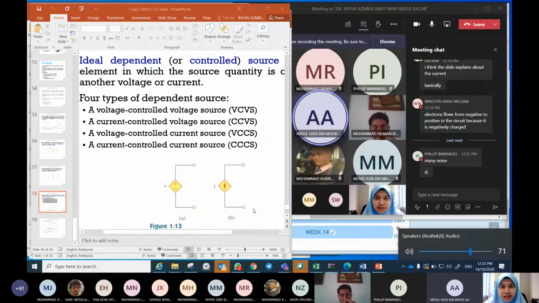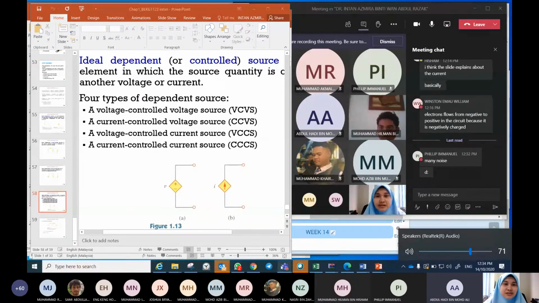The left one is the voltage source, I think, and the right one is the current source. Okay, so B, right? So type number 4 is a current source like this, and the value of the current source is controlled by another current.